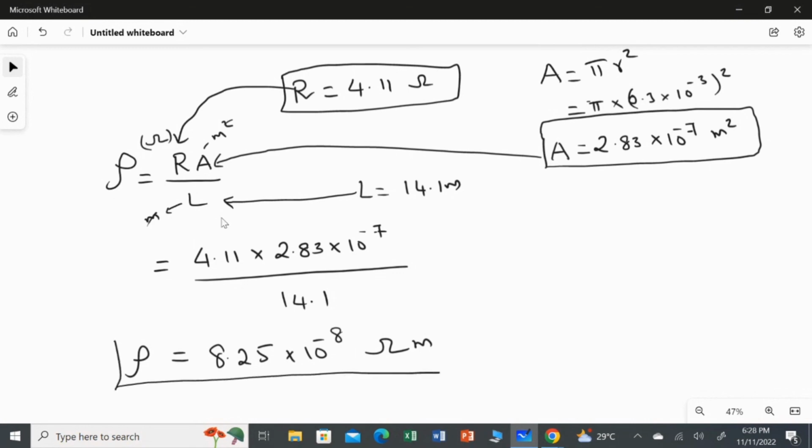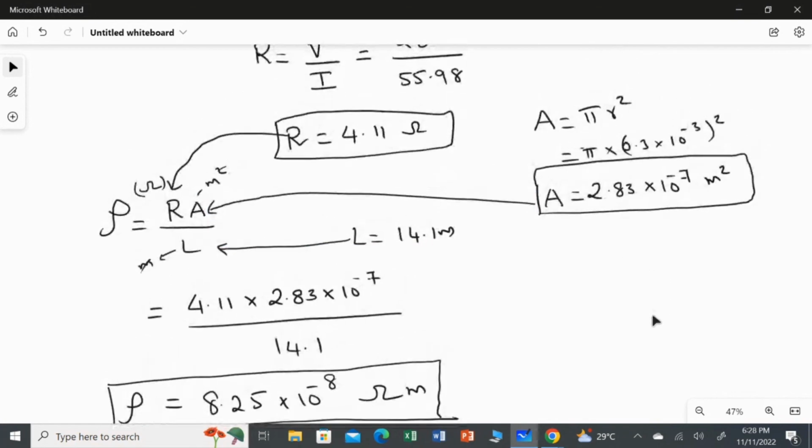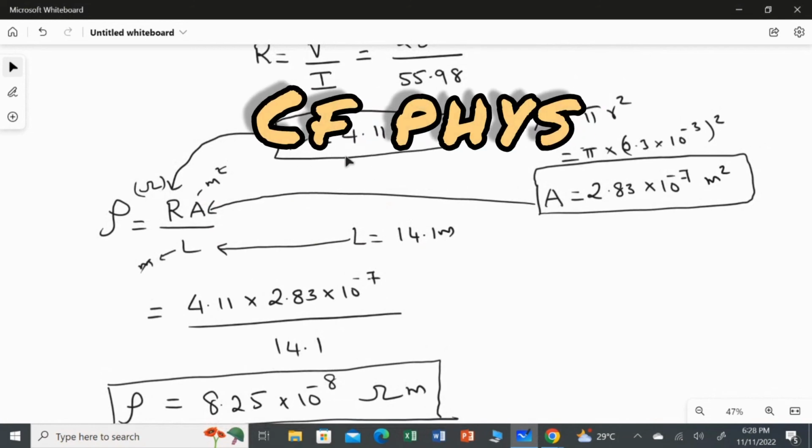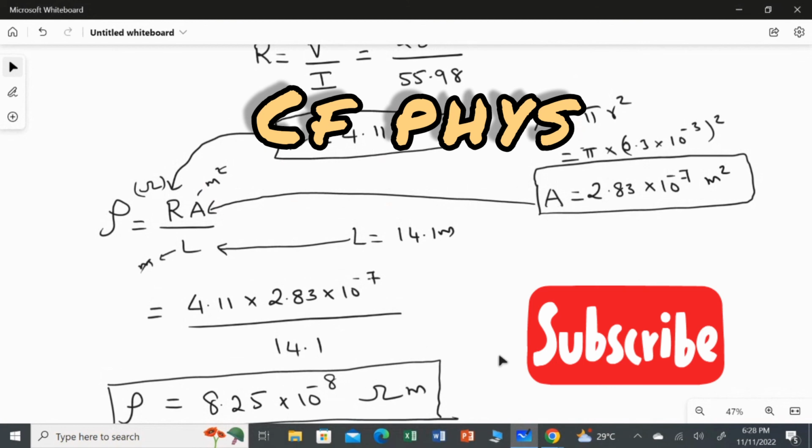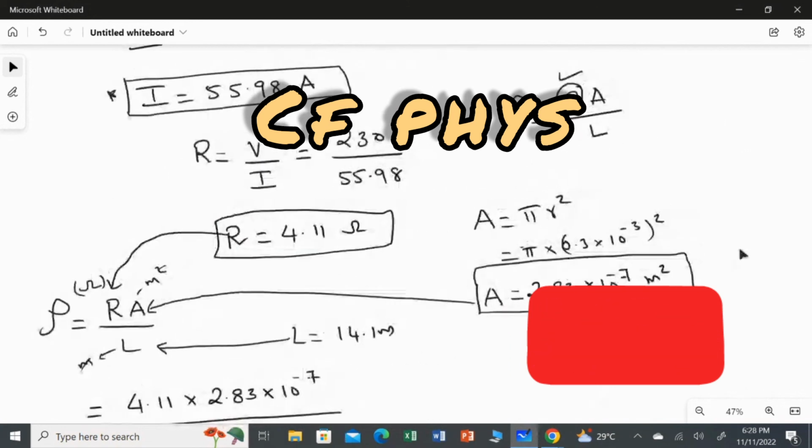So this is the answer for the first question. Clear? But while you calculate the resistivity, please find the value of the resistance and area carefully, because if you make a mistake in calculating the resistance and area, then the resistivity value will be wrong. Clear? Okay.